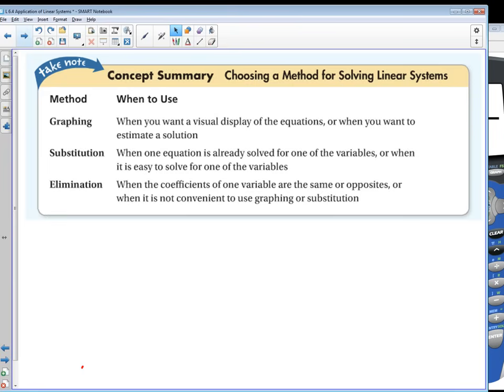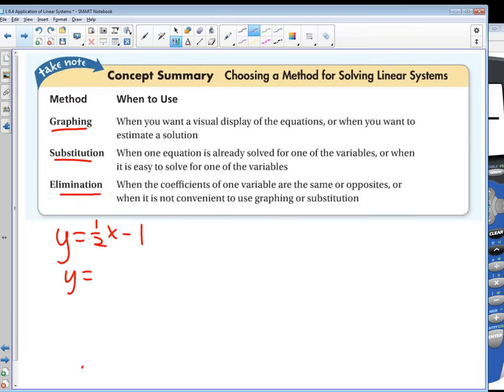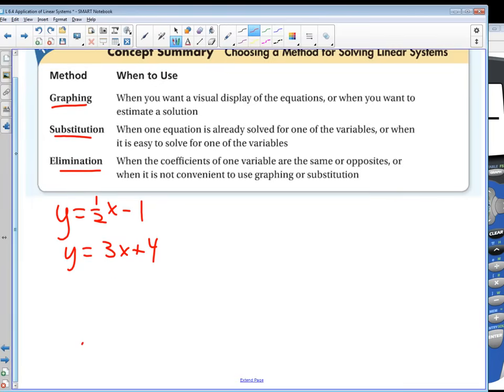Okay, so far you've learned three methods: the graphing method, substitution, and elimination. And remember, the graphing method was used especially when you had equations that looked like this. They're already set up in the slope-intercept form, or y equals mx plus b. You simply graphed the equations, and where the two lines crossed is your solution.